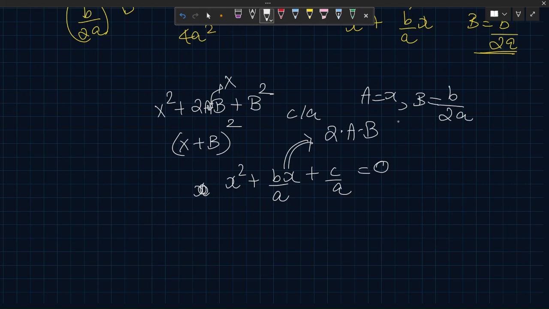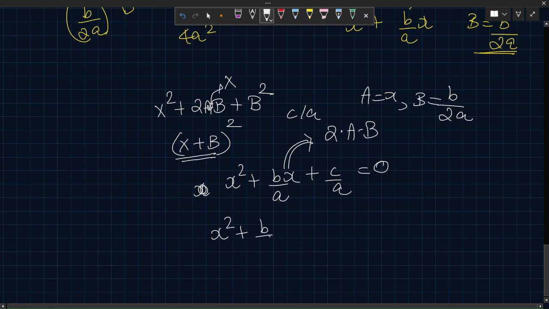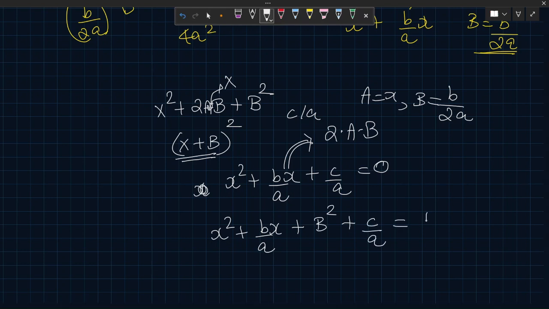Suppose I had a b square term, I could write it as x plus b the whole square. So I will just add b square on both the sides. Can I do that? Yes, if x is 2, I can say x plus 1 must be 3, right? I can add a number on both sides. Let me add b square, but what is b square?